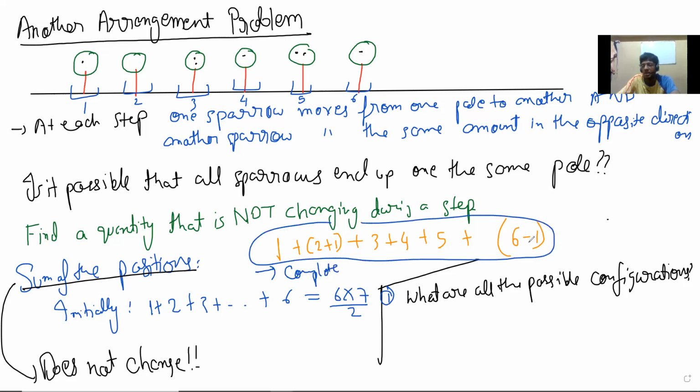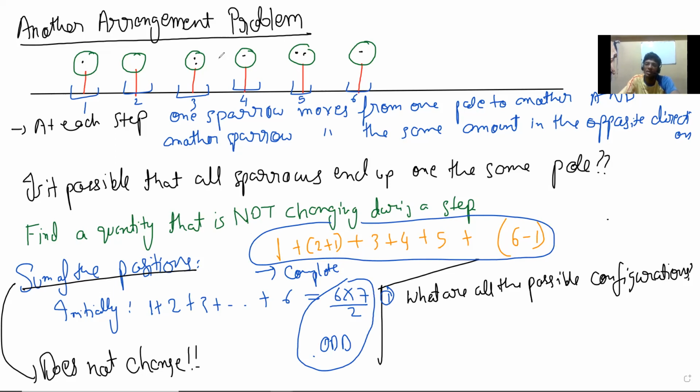Now the point is that this summation is odd. It's an odd number. But if all the 6 sparrows end up at the same pole, then the summation will be even, right?